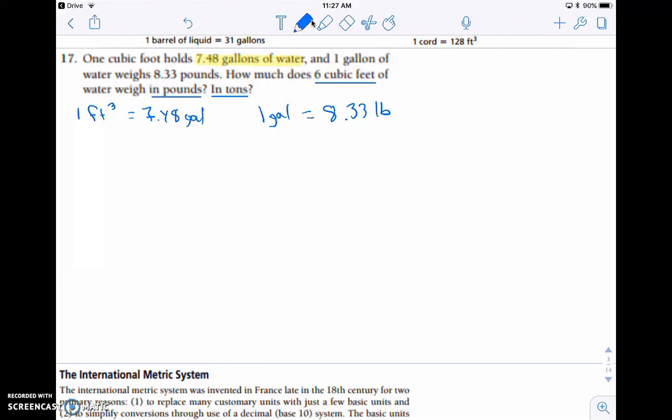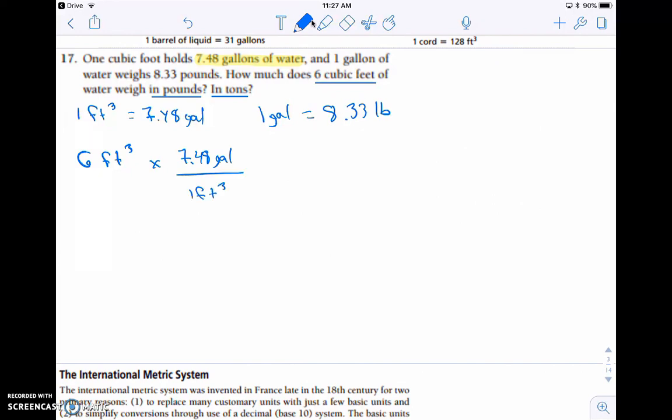So we got a couple of things we need to find out here. We're looking at 6 cubic feet, and we want to know how much that weighs in the end. So we have 6 cubic feet, and then we're going to times it by our conversion fraction here. Now we know that 7.48 gallons is 1 cubic foot.